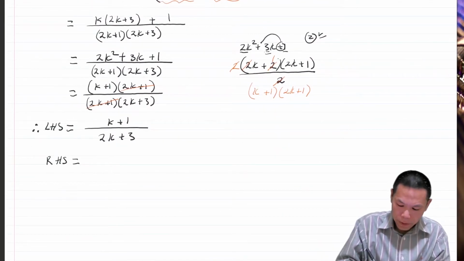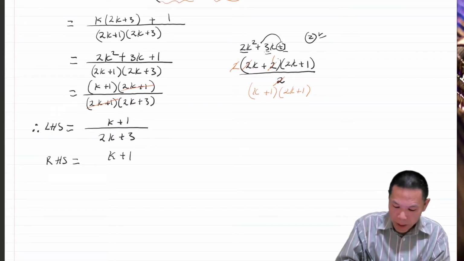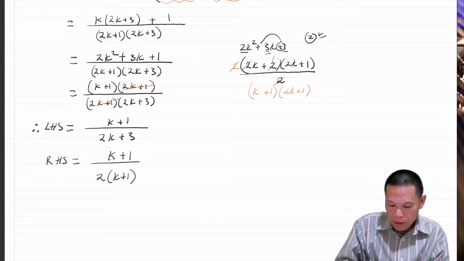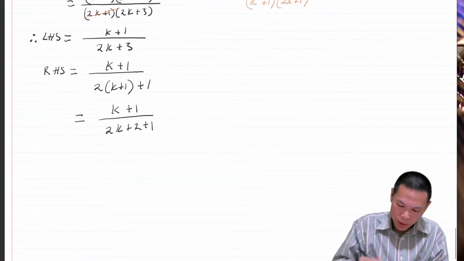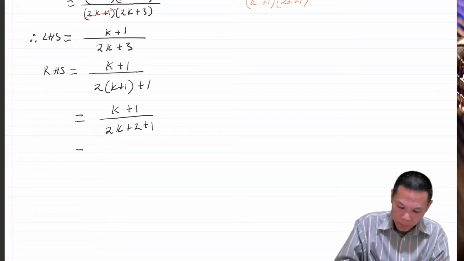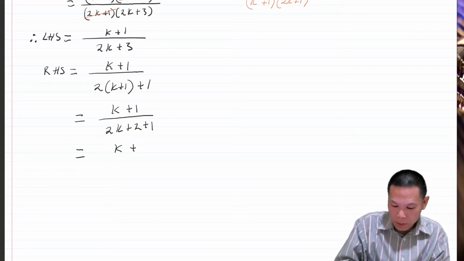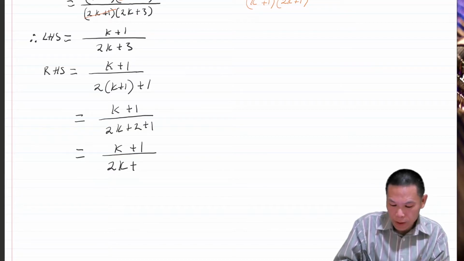So that equal to k plus 1 and 2 k plus 1 plus 1. So that will give me k plus 1 and 2k plus 2 plus 1. So which is equal to k plus 1, 2k plus 2 plus 1 is 3.